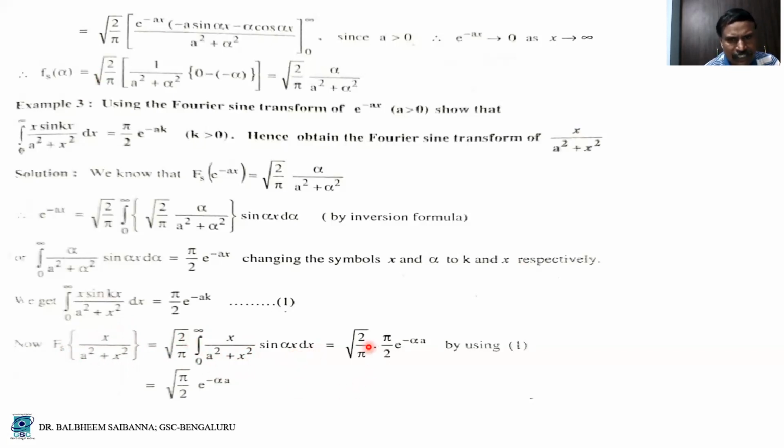Now root of 2 by pi stays as it is, and the value of this integral is known by using equation 1: pi by 2 e to the power of minus a alpha, substituting alpha for k. Now simplify this. Pi by 2 is there, 2 by pi is there, we get cancellation of pi, root 2 cancels. We get root of pi by 2 e to the power of minus a alpha.